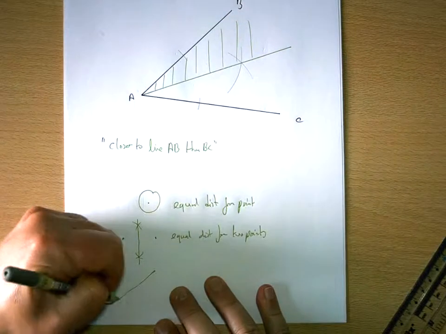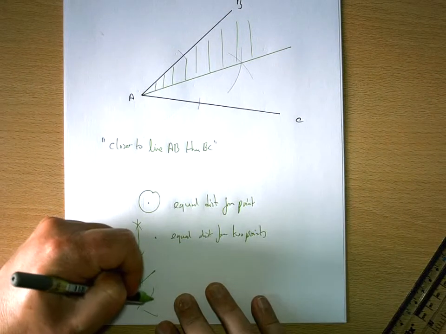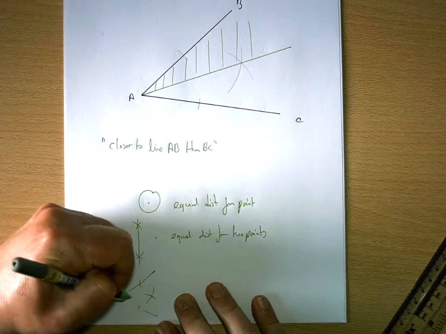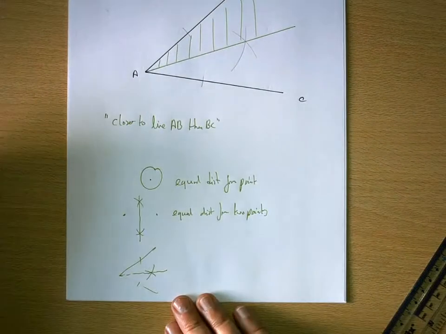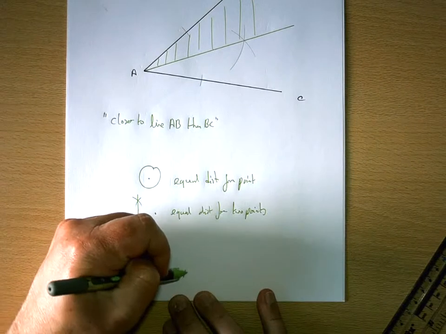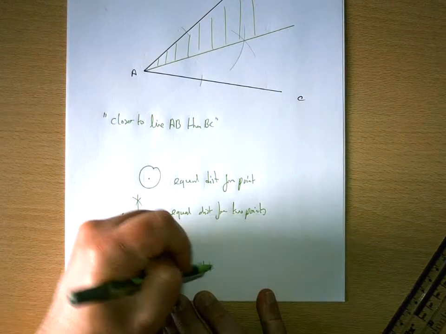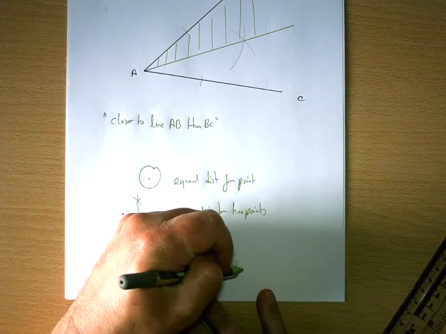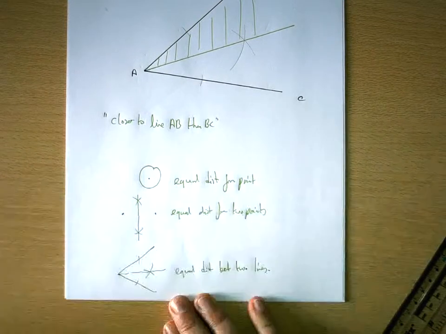The angle bisector is equal distance between 2 lines. And it's worth practicing those.